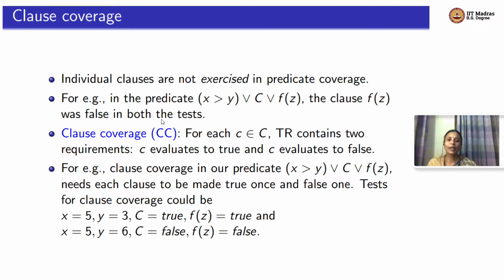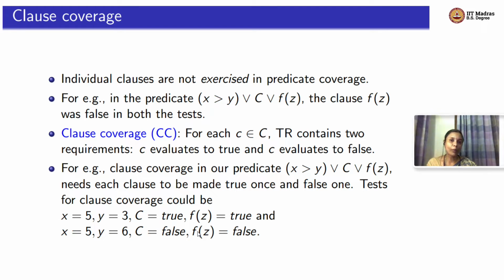For example, if you take the same predicate, x greater than y or c or f of z, which had three clauses, we take each of the three clauses and make it true once, make it false once. So x greater than y is made true once by, say, assigning x is 5, y is 3, and made false by assigning x is 5, y is 6. C is made true once, c is made false once. F of z is made true once, f of z is made false once. Right? So this is what is clause coverage.